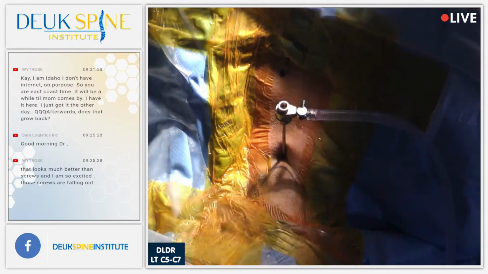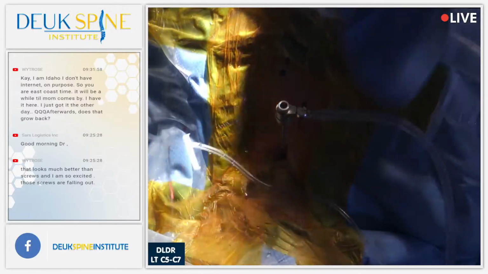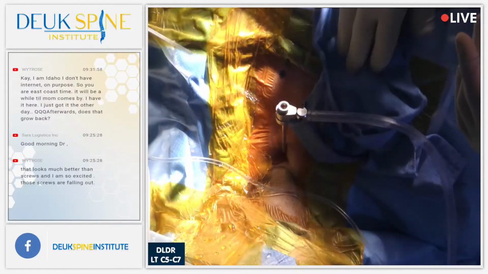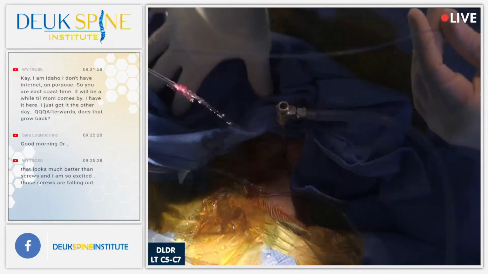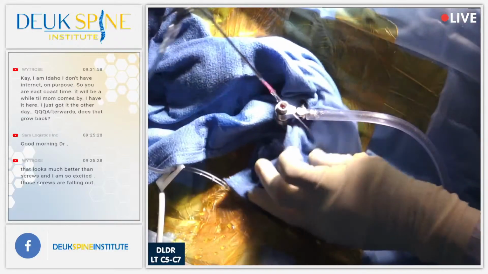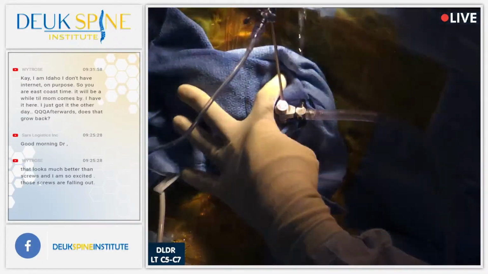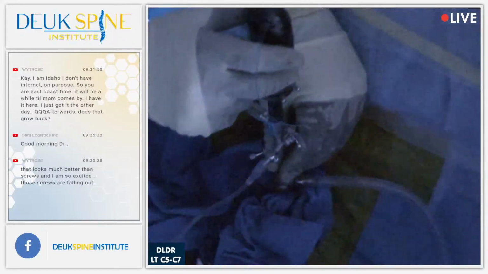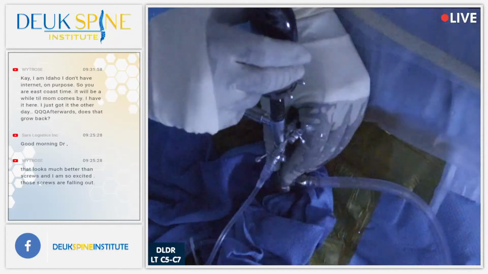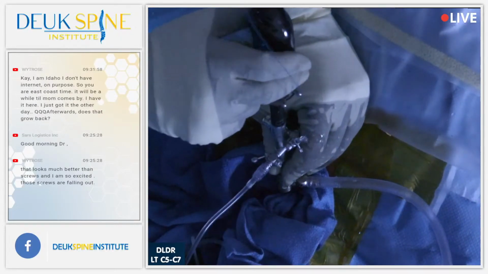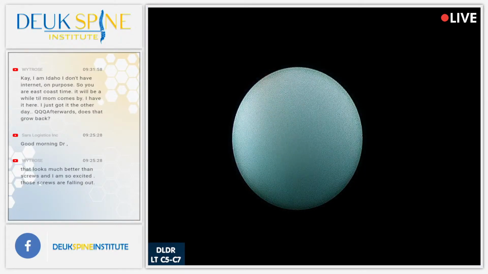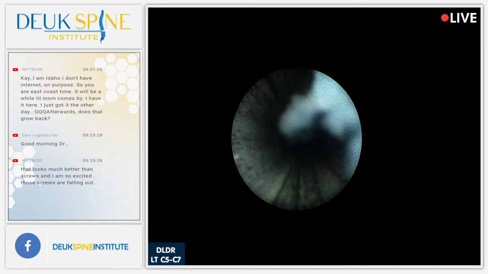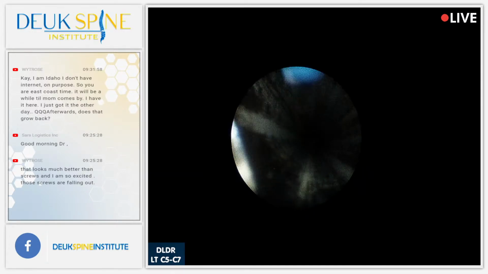Sure, it's part of endoscopic spine surgery, but it's a unique type of endoscopic spine surgery. Just like there are different kinds of fusion, there's different kinds of disc surgery. You have A-lift fusion, anterior lumbar interbody fusion. You have T-lifts, you have X-lifts, you have O-lifts. So there's many different ways to do spinal fusion, and there's many ways to do endoscopic spine surgery.